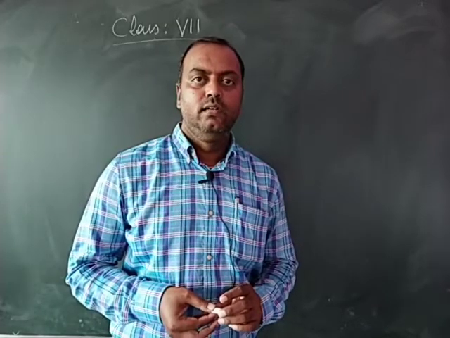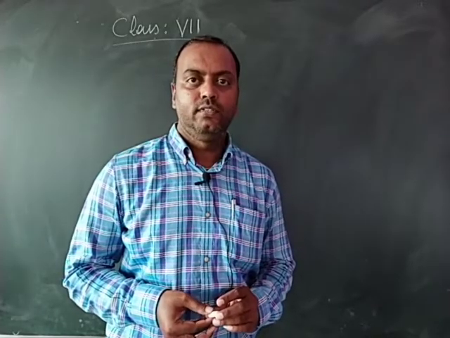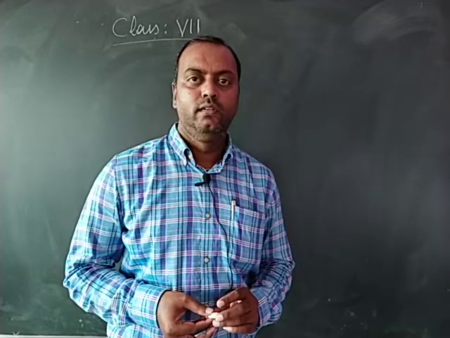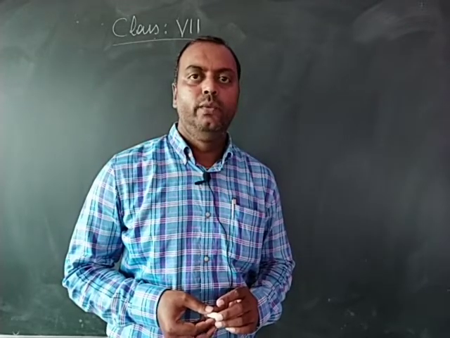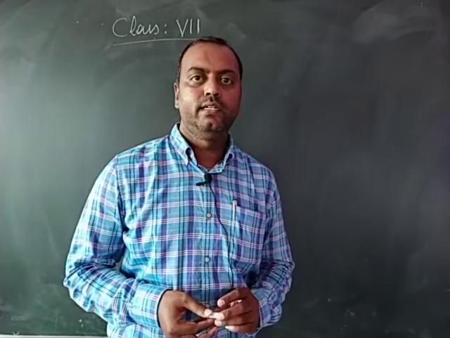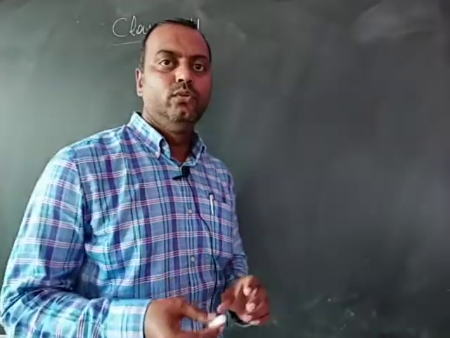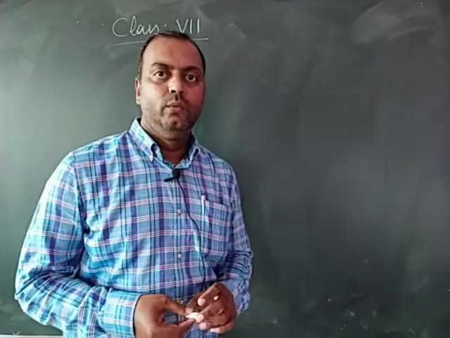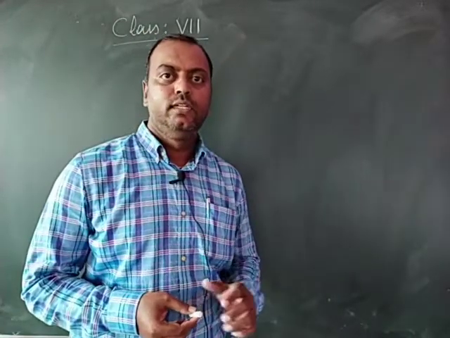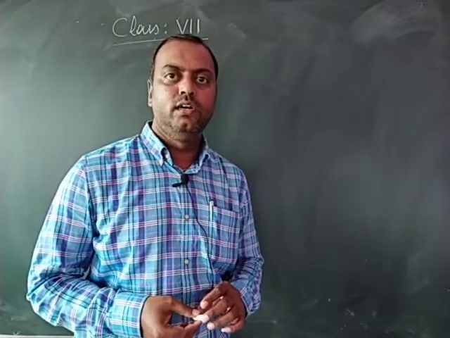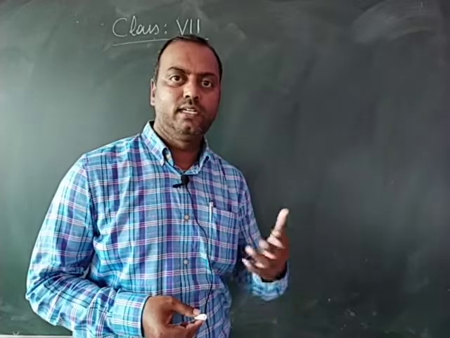Children, let me quickly recapitulate what we have seen in the previous class and go ahead with today's class. We learned about reading different kinds of maps in the past session. So, you know it very well. We learned about the physical maps, the different kinds of symbols used on a map, especially the colors and the conventional symbols.